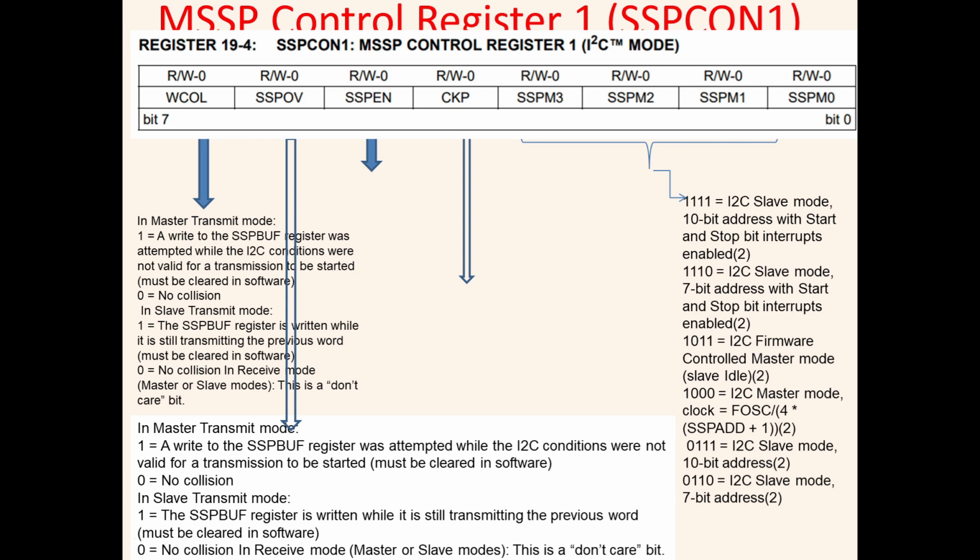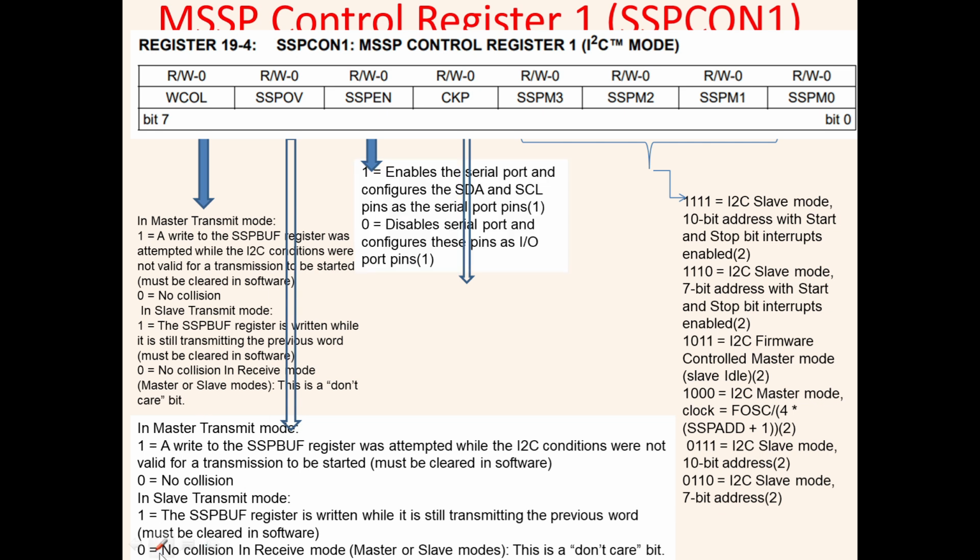In master transmit mode, a write to the SSP buff register was attempted while I2C conditions were not valid for transmission. So again, overlapping and non-overlapping will be considered. 0 indicates no collision, 1 indicates that there is overlapping. Similarly, a slave transmission condition will be notified in terms of overlapping and non-overlapping.